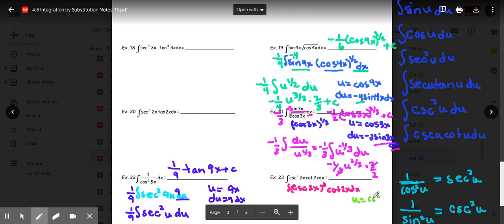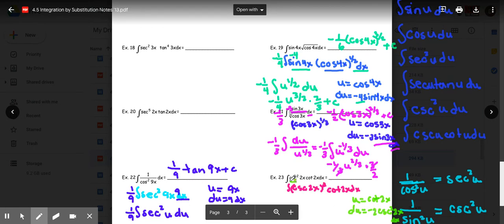So your best bet is to make u cotangent. And the derivative of cotangent is negative cosecant squared 2x times dx, times 2 because of the chain rule.